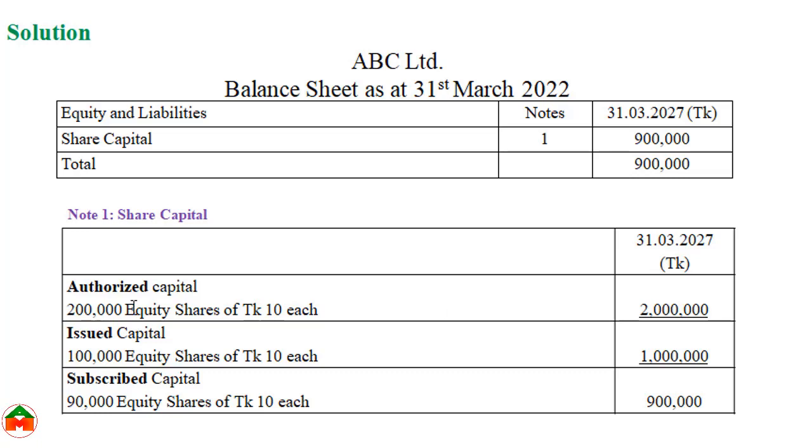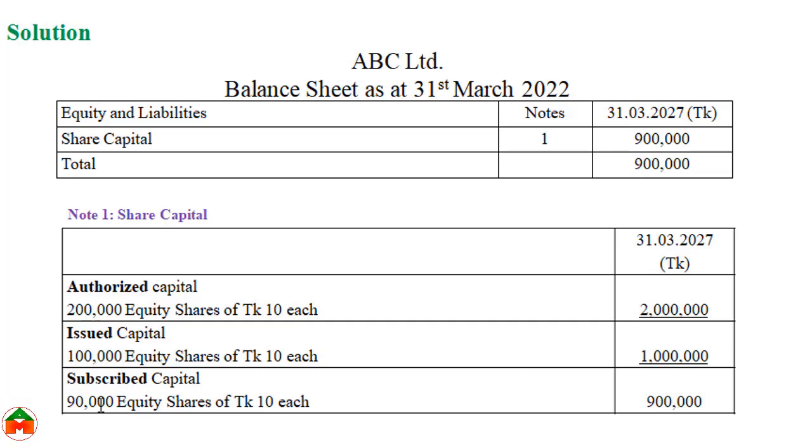Out of this 20 lakh, the company issued 1 lakh equity shares at the rate of 10. That means the issued capital is 10 lakh. These two amounts are closed because you are just representing the amount of authorized and issued. They are not the amounts which should be considered as capital. That's why you are closing these amounts. But this amount, 9 lakh, is the actual capital the company has raised from the public.